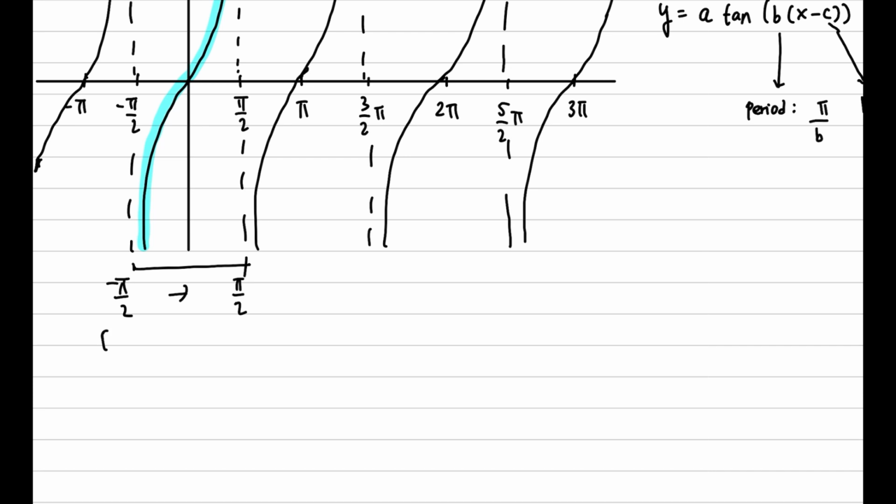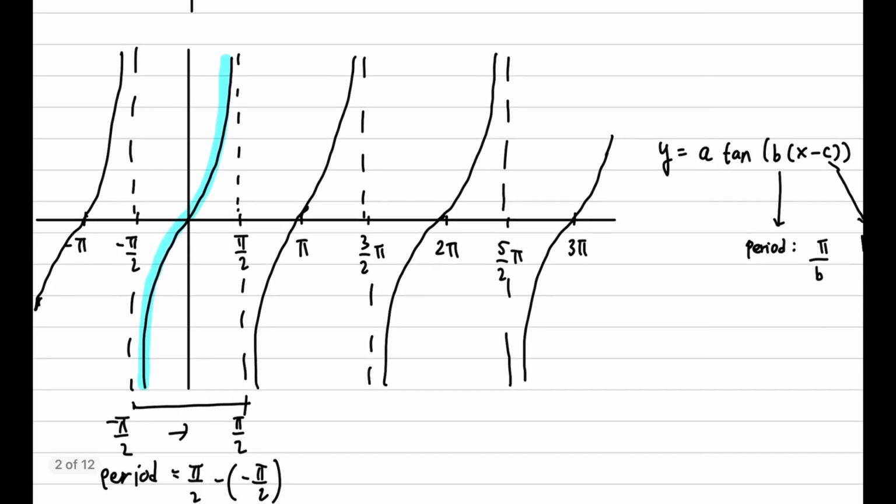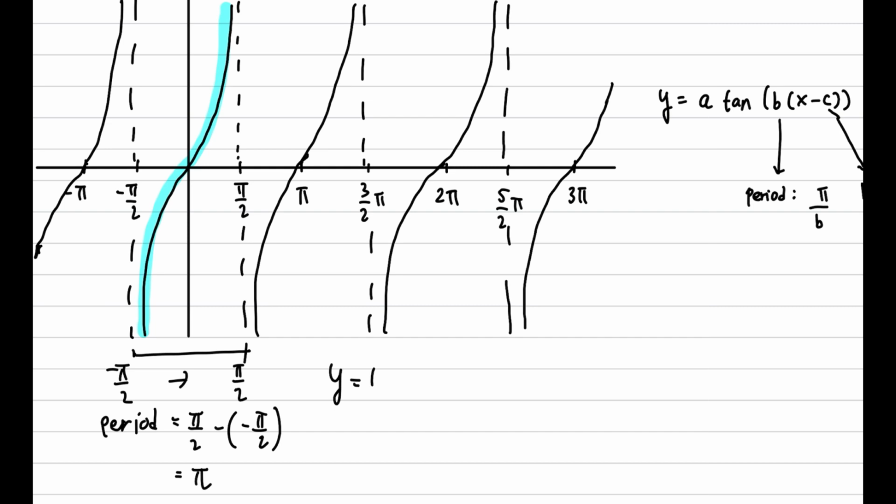So that means the period will be pi over 2 minus minus pi over 2. You will get pi. So the period of tangent x, this is y equals to tangent x, is pi. For sine and cos it is 2 pi. Unfortunately, tangent x does not have amplitude.